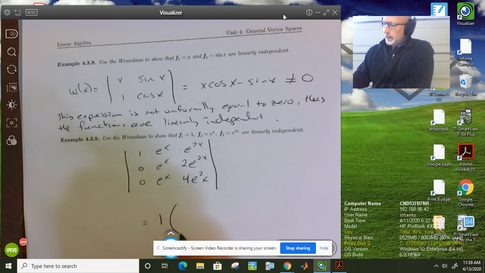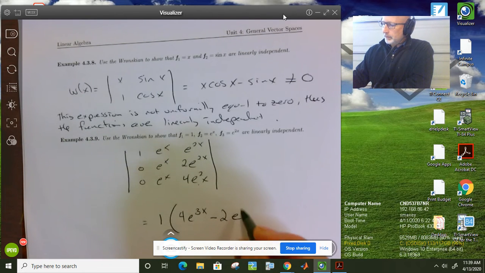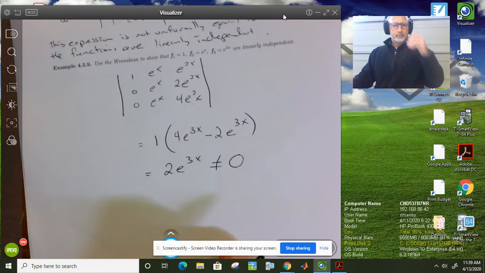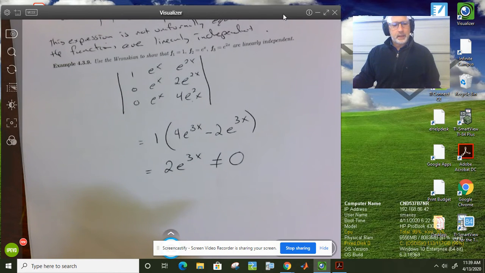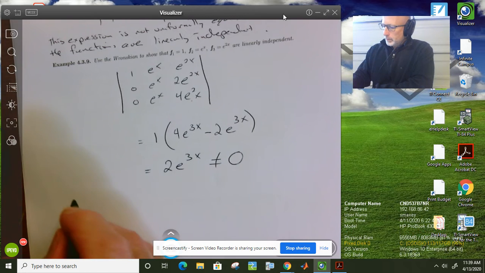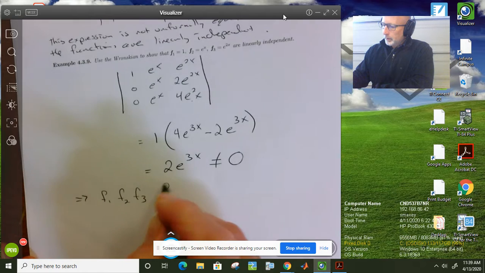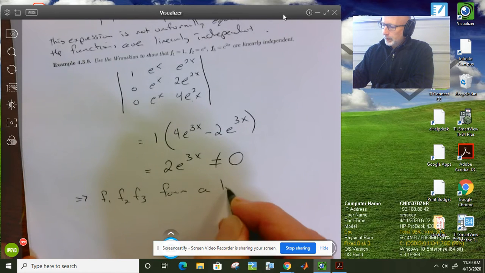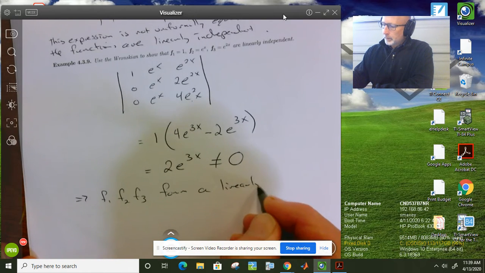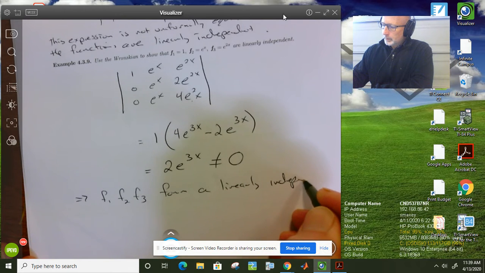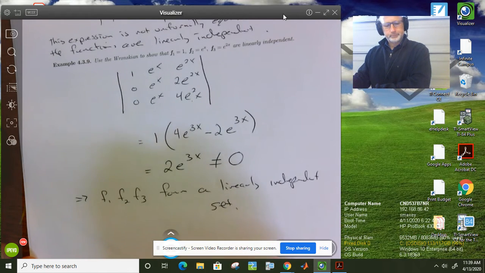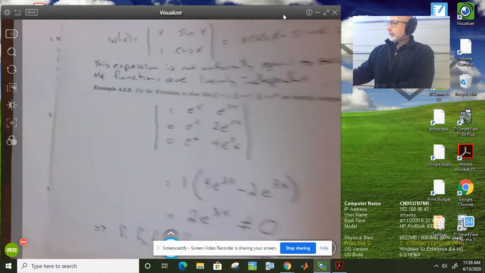It's equal to 1 times 4e to the 3x minus 2e to the 3x, which is equal to 2e to the 3x, which will never be equal to 0. Ever. You can't plug something in for x there and make e to the x equal to 0. So, therefore, f1, f2, f3 form a linearly independent set. Okay, and that is it.